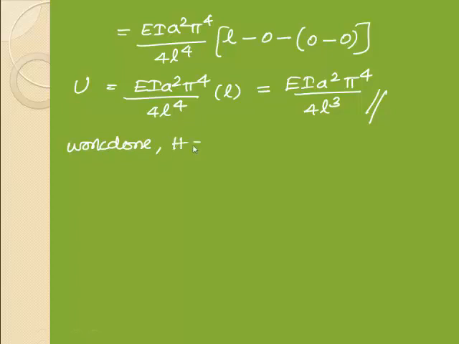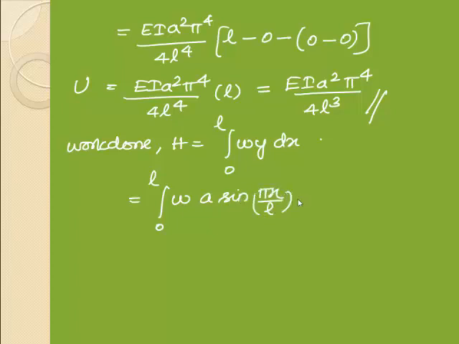supported beam, integral 0 to L W y dx. So integral 0 to L W into y, the trial function we have assumed as a sin pi x by L dx. So the constant terms W a integral 0 to L sin pi x by L dx.